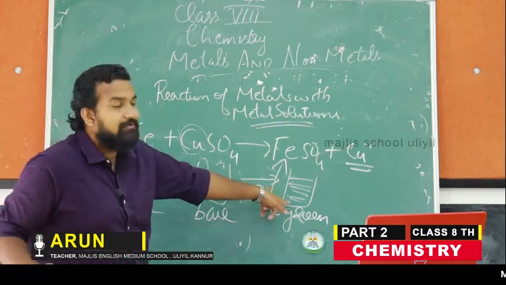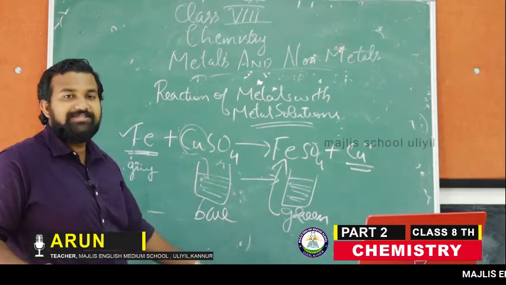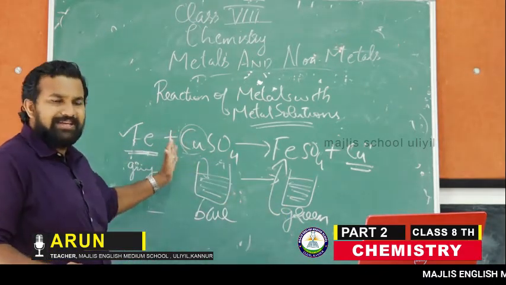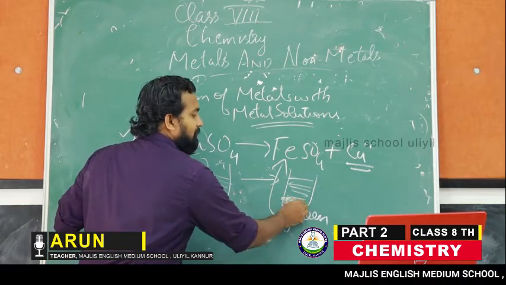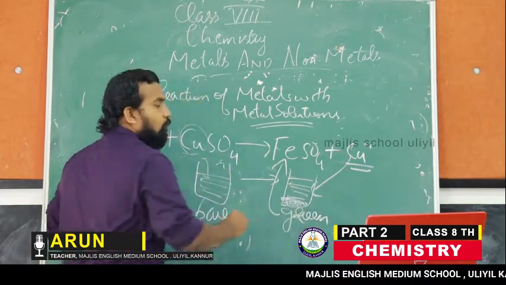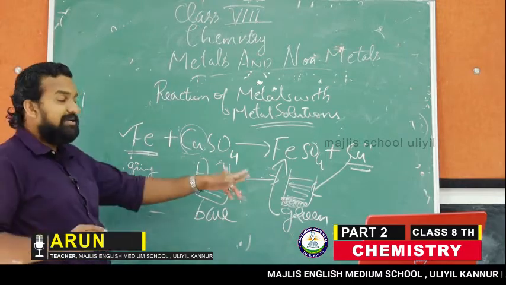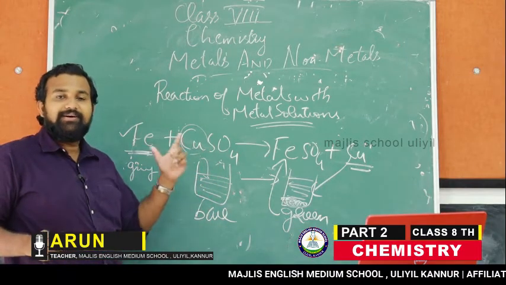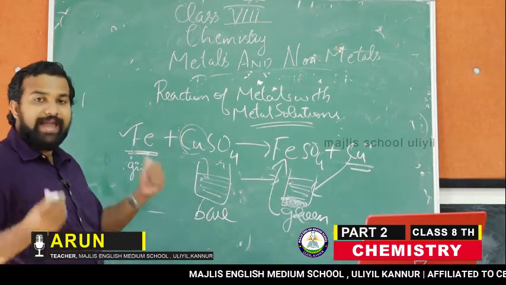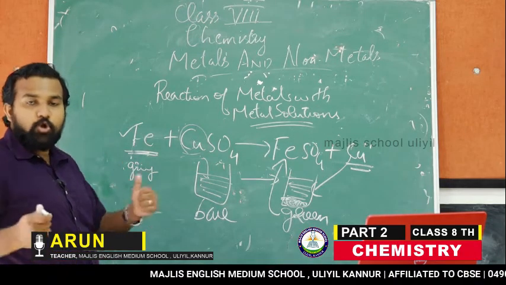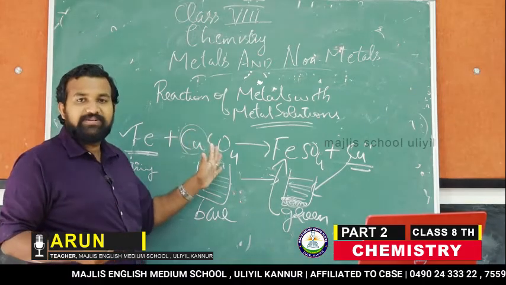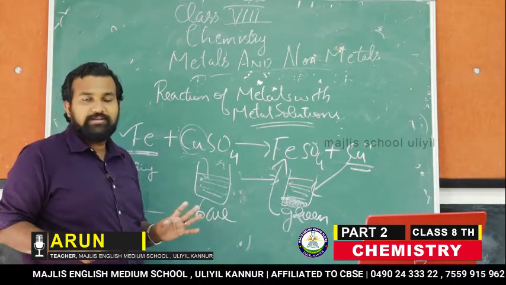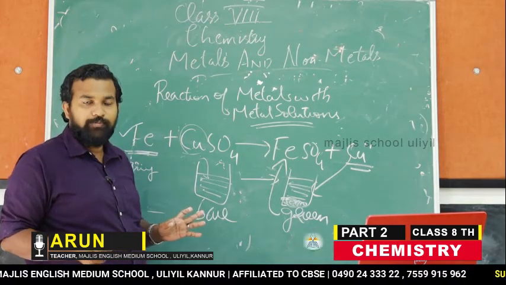So whenever it is converted into green, we can understand that the copper is being changed, and we will see some granules, some deposits over here, that is copper. So from this color change we can easily identify that the iron, which is more reactive or stronger, displaced the weaker copper from the copper sulfate solution and made ferrous sulfate solution. I hope it's clear.